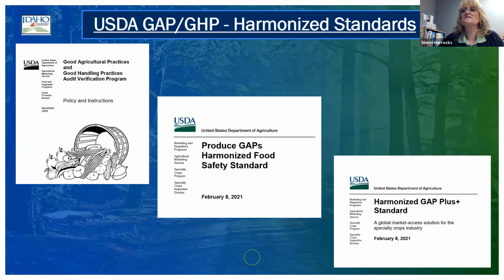Standards are broken into 3 separate templates. We have the GAP-GHP audit verification program. We have the harmonized GAP standard without the GMA requirements, which is global, and the harmonized GAP Plus standard with GMA requirements incorporated throughout the standard. These are the newest versions, and a new version of the harmonized GAPs will go into effect May of this year. Next slide, please.